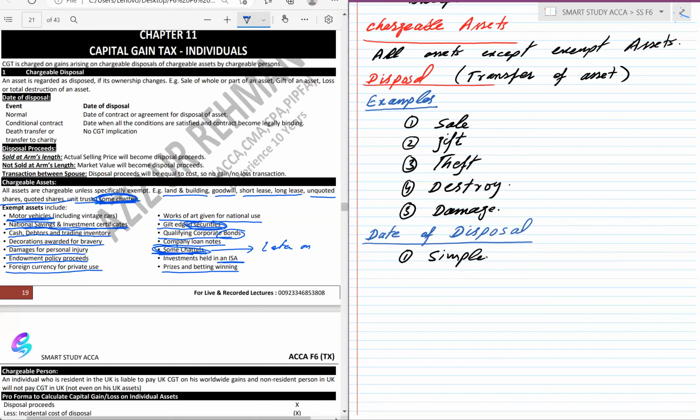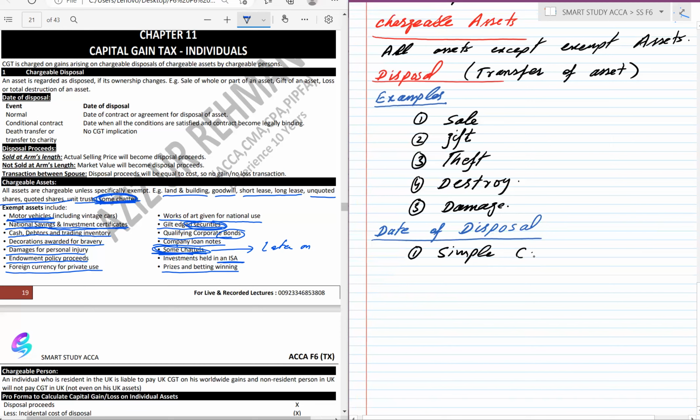If today I have gifted an asset, the asset has transferred today, so today's date is the date of disposal. So in simple contracts, the date of contract will be the date of disposal.